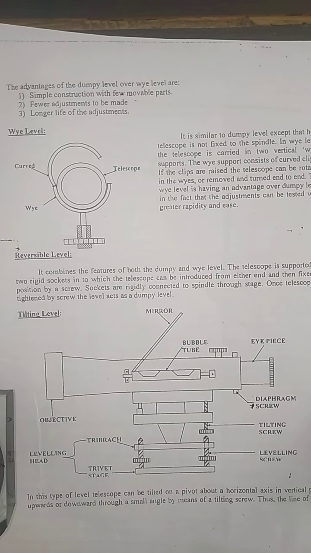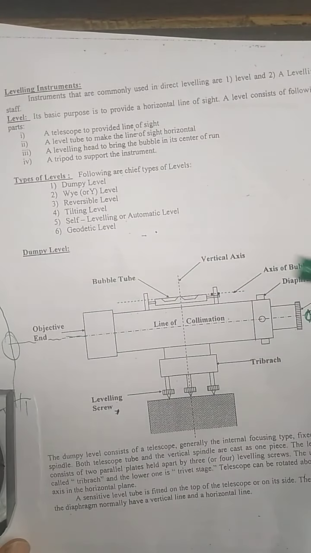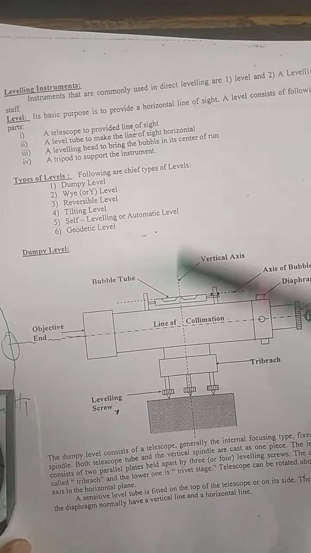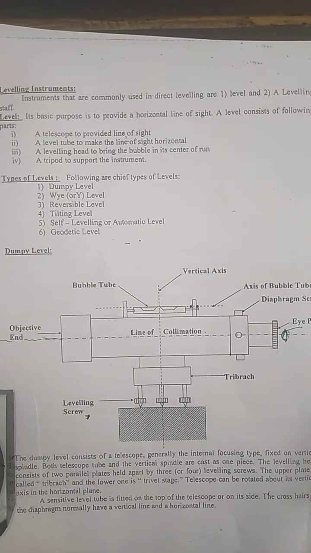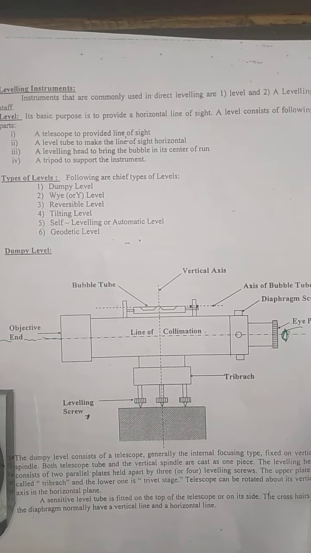So these are the different parts: this is the line of collimation, then the level tube, this is the vertical axis, and this is called the horizontal line. Now this particular dumpy level has some advantages.